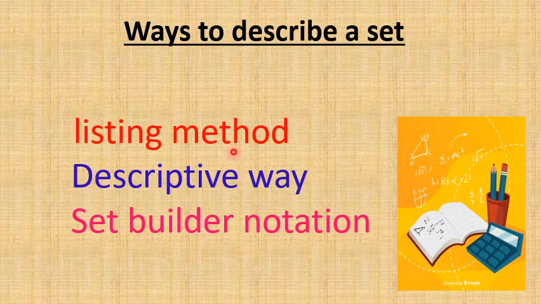This set will be written in set builder notation form as x such that x belongs to natural numbers and x is less than or equal to 5. This is how you are going to describe sets in these ways.